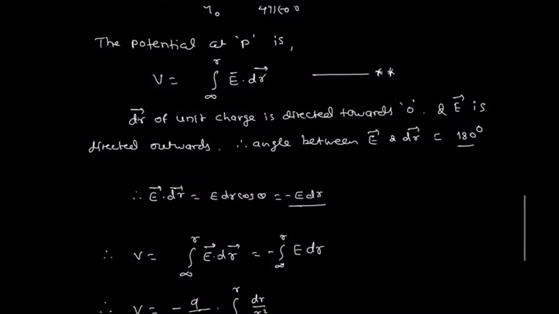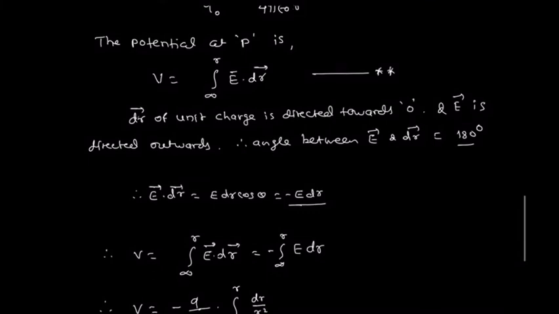Hence, we write the constant term outside of the integration. V is equal to minus Q divided by 4 pi epsilon 0 into the integration from infinity to r of dr by r square. What is the integration of 1 by r square? Minus 1 upon r. The limit is from infinity to r.